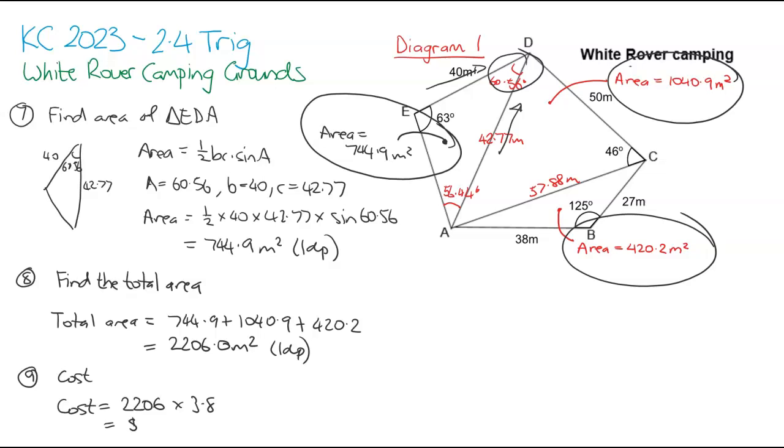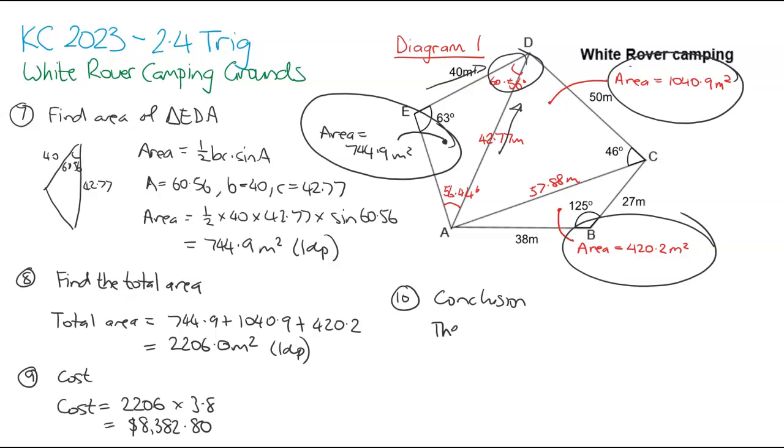And this gets us to $8,382.80, so about $8,000. And because this is less than that $9,000 number, we know that these guys are within their $9,000 budget. So this means our conclusion.